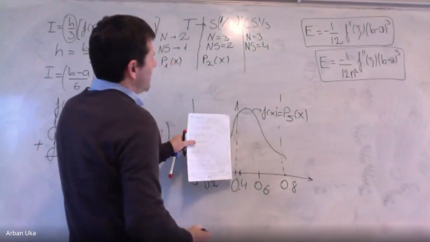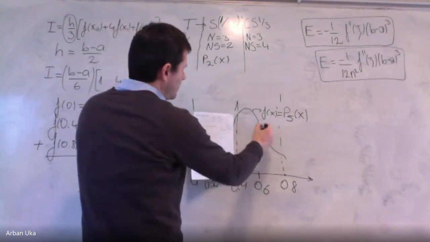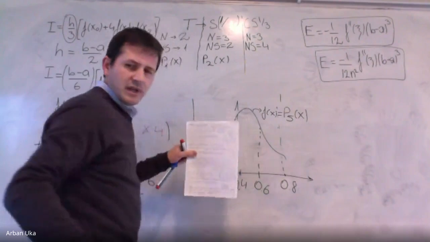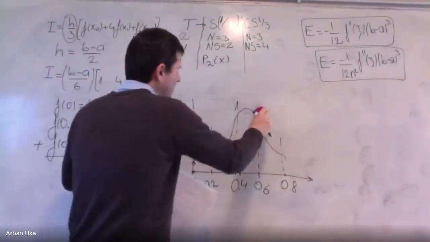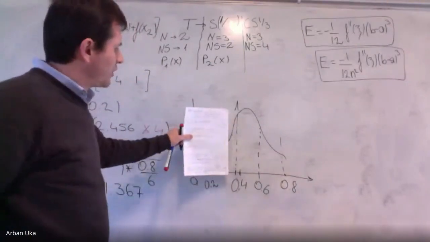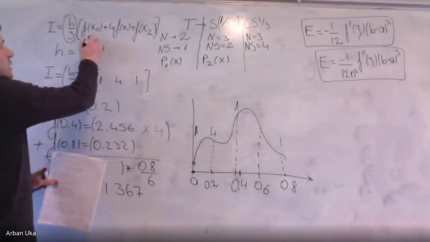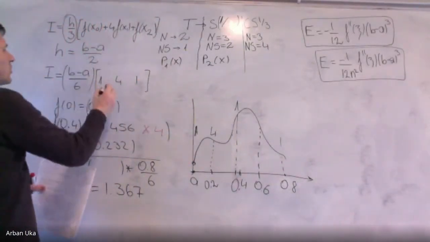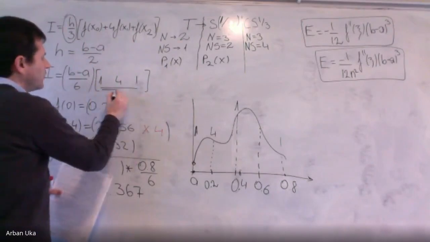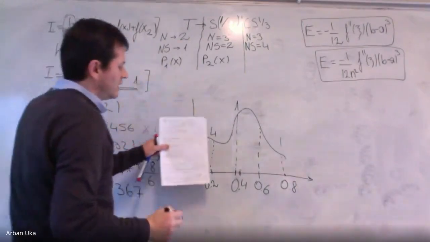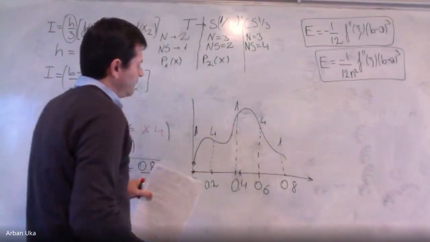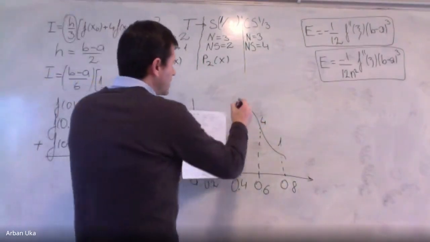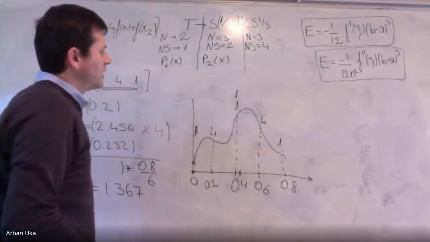And then immediately, what we can think now is that if we are going to use the Simpson's 1/3 rule, the coefficients are shown here, 1, 4, 1. So then we apply here 1, 4, 1. But this one, the 0.4, is considered twice.